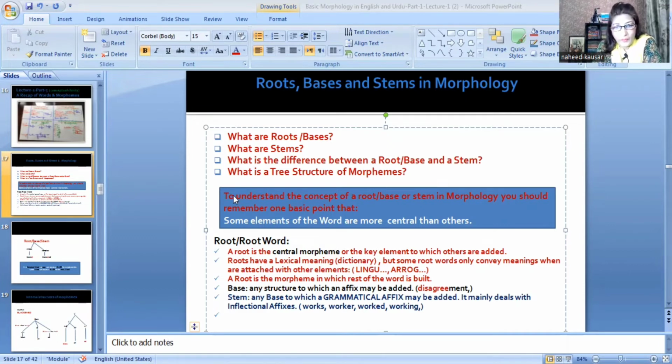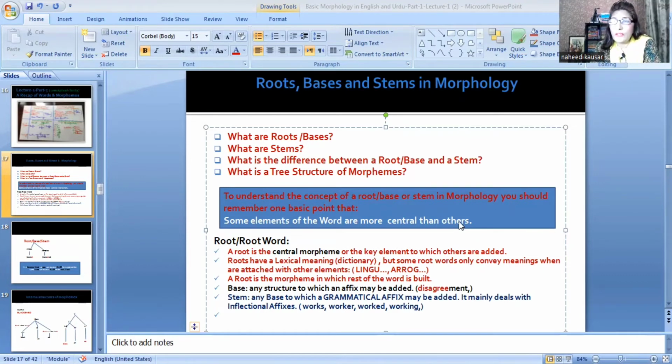I have put a statement in this blue box, and it says that to understand the concept of a root, base, or stem in morphology, you should remember one basic point: some elements of words are more central than others. If we are considering a word which is not purely simple, there will be certain components.